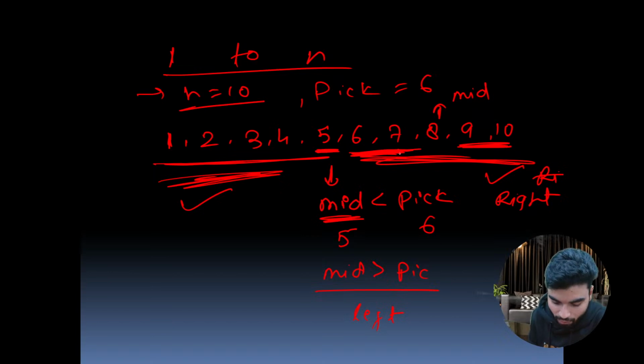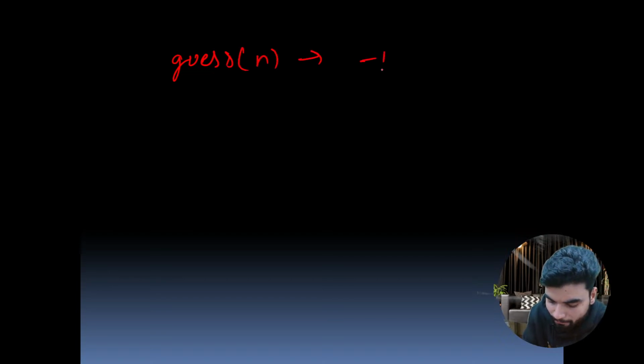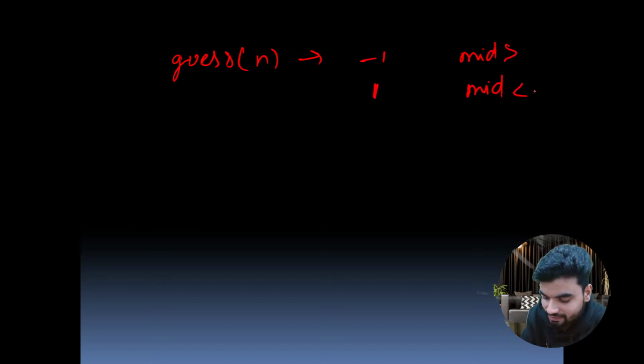And again, the problem tells us that we will have an API, which is the guess API. I'll quote the logic here for your easy understanding. They say they will give you an API called guess, which will receive a number and give you three values: -1 when your guess number, which was mid, is greater; 1 when your guess number, which I'm assuming as of now is mid, is less.